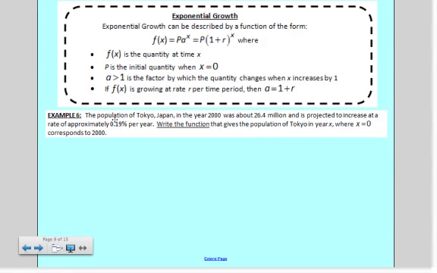Okay, so we're going to talk about exponential growth, and if you remember, in the last section we dealt with graphs of exponential growth as well as exponential decay. There are other versions of the formula that we gave you. Notice that up there we have f of x equals p times a to the x.